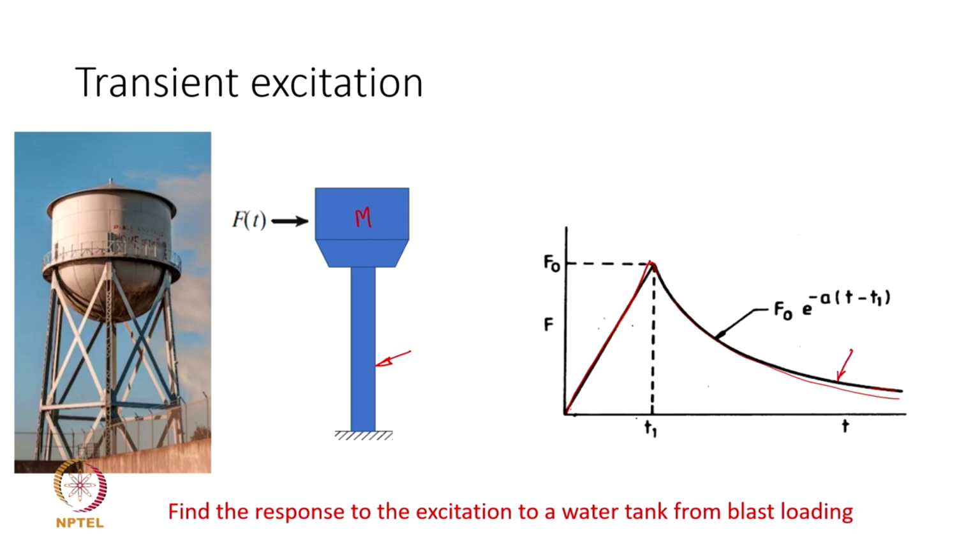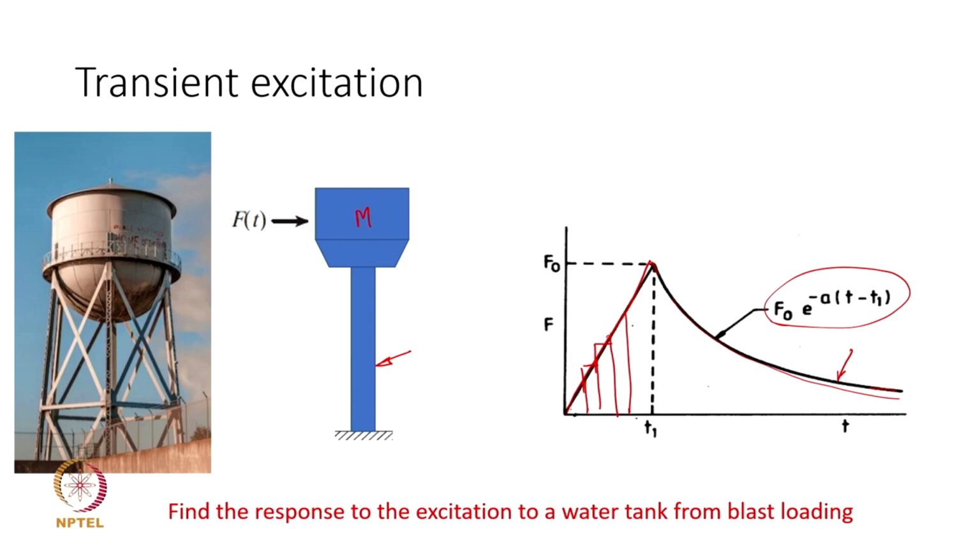We may be able to capture that excitation function in the form of some mathematical function, but sometimes we may have to resort to the kind of small impulses we treated as individual constant amplitude impulses acting one after the other.